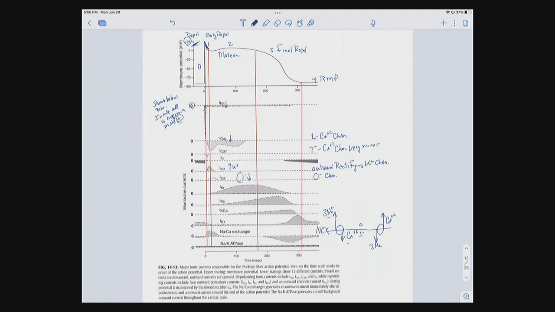Again, why am I pushing a sodium out? Because I'm up here in the positive. I'm getting closer to the Nernst value for sodium. Therefore, I'm losing my driver of pushing sodium into the cell. So this will actually reverse. And this is exactly what's going on over here. So that means I have yet another net movement of positive going out. So all of these things are coming into play to help with that early repolarization going on.